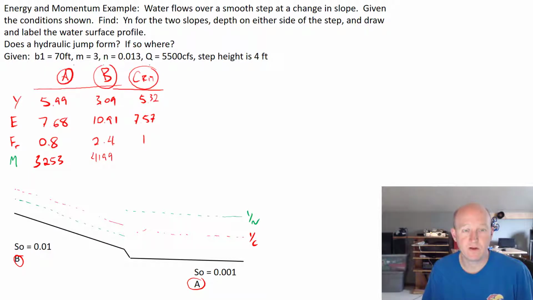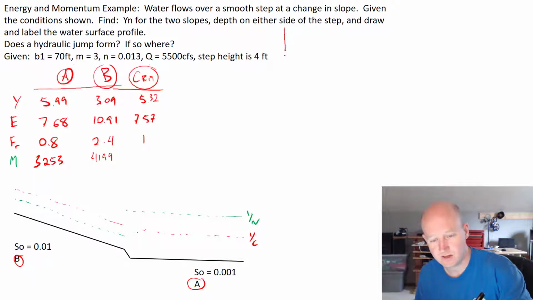So right away, it indicates that there's more specific force in this section than there is in this section, which indicates also that if there was no step down, the hydraulic jump would be downstream of the change in slope. In fact, it's probably a good idea to draw this out in a specific force diagram.